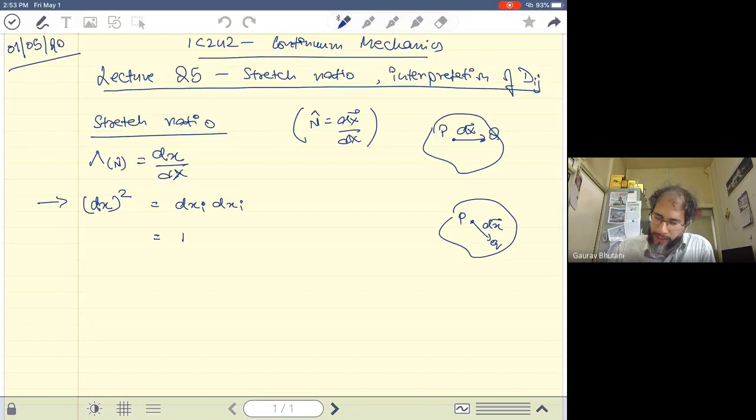I can write my dxi in terms of dX using our F tensor, which is the deformation gradient tensor.